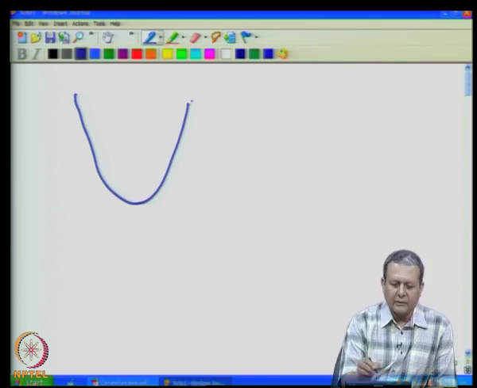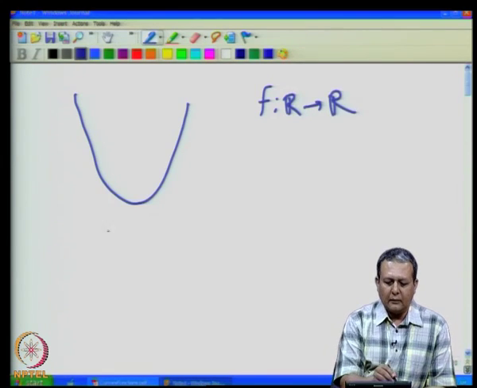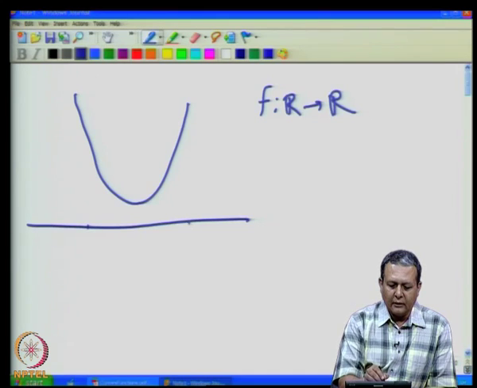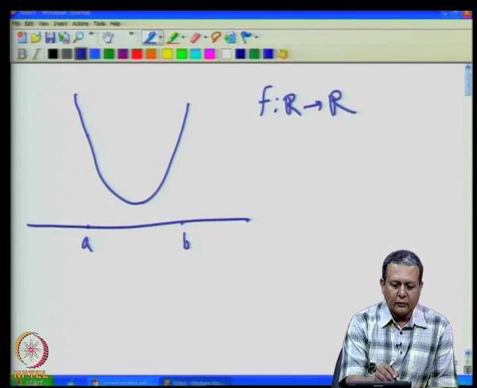so we are taking a function f from R to R in this case, and suppose we take any 2 points on the real line, let us call them A and B, and so the corresponding points on the function are A, f(A) and B, f(B).